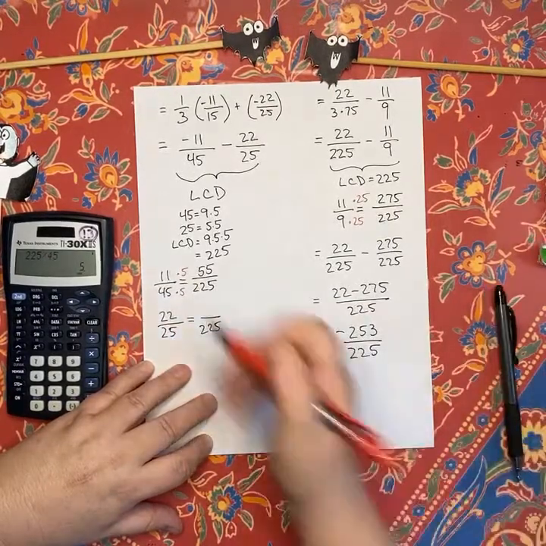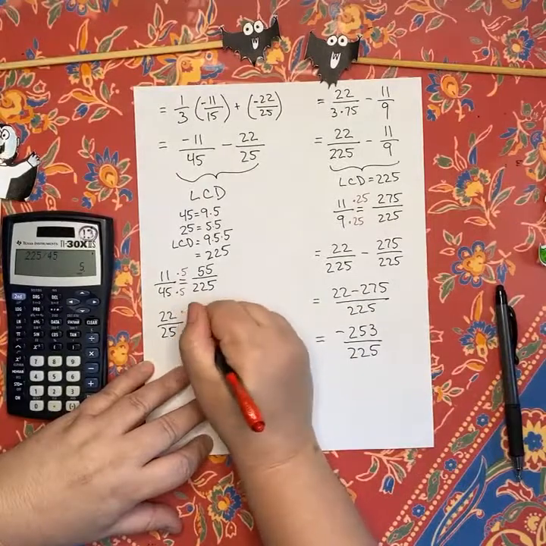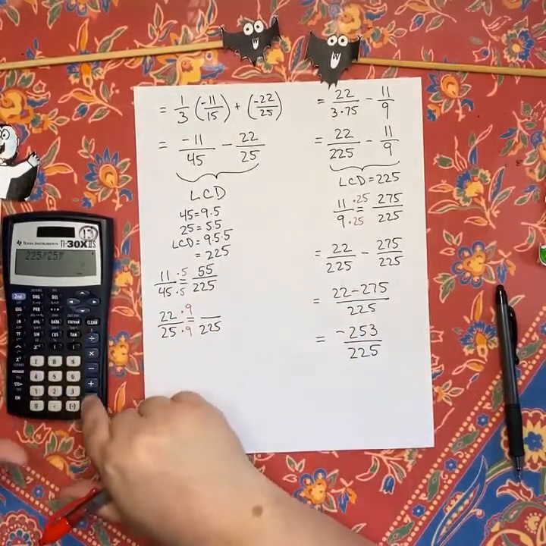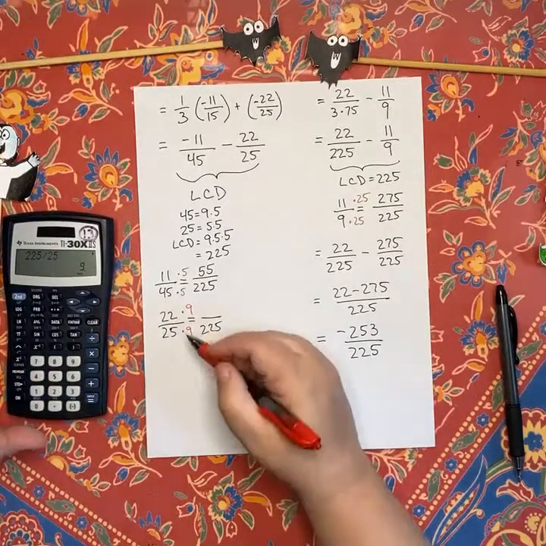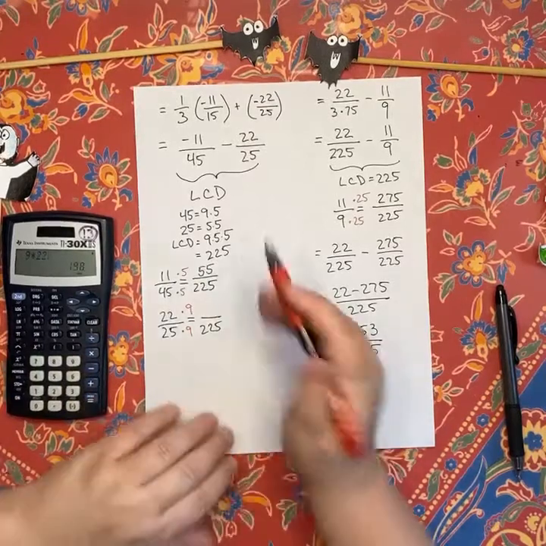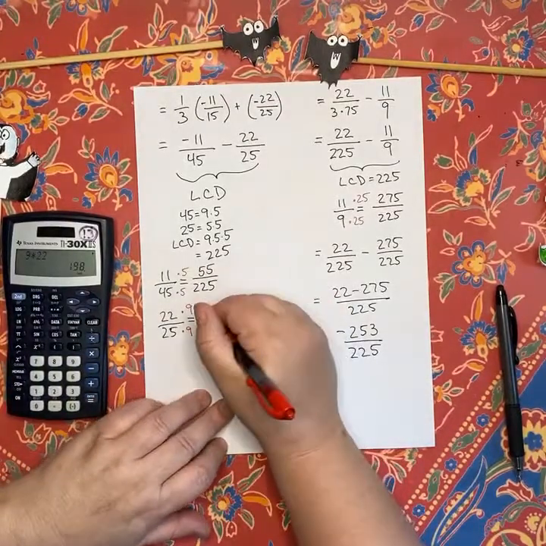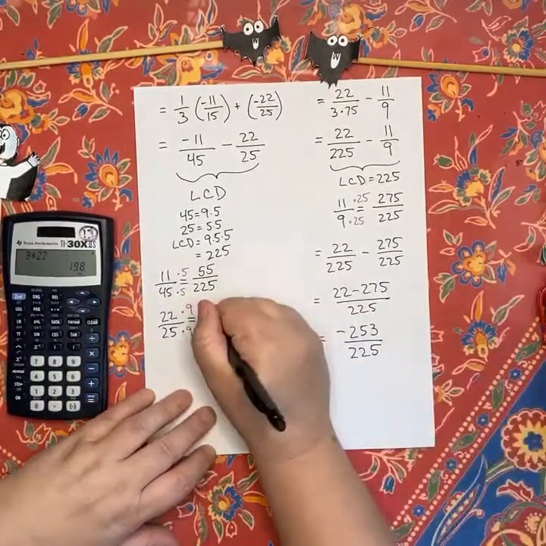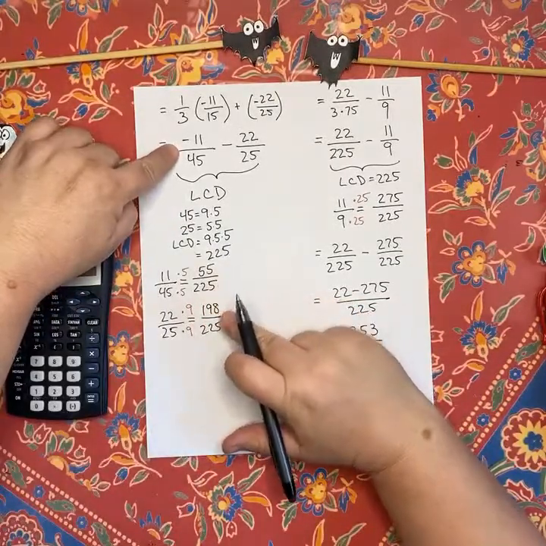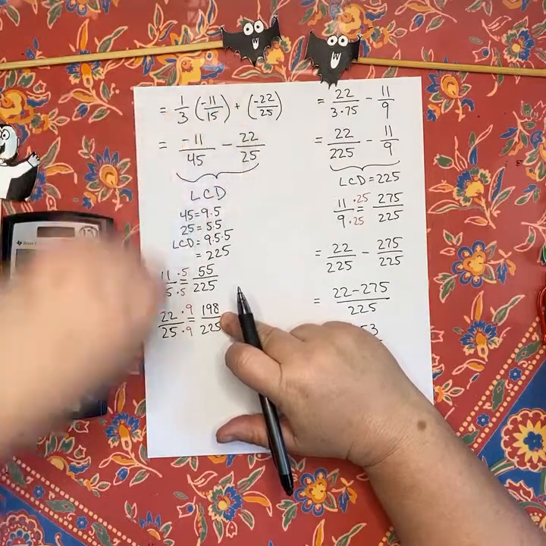225. I'm going to multiply by 9 on the bottom and on the top because 225 divided by 25 is 9. So I multiply, and then I say 9 times 22 equals, and this is going to be 198, oops, in black. So 55 over 225 is there, 198 over 225 is there.